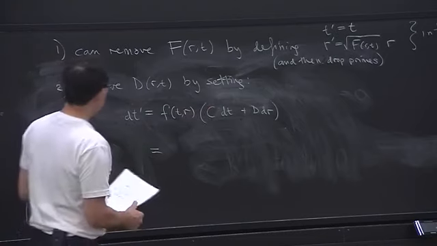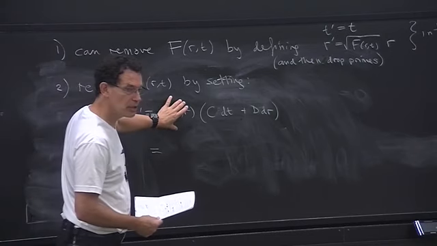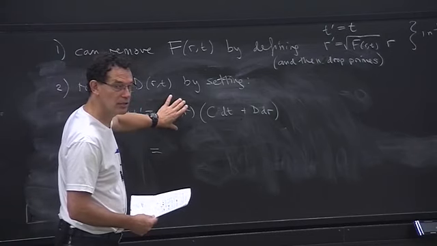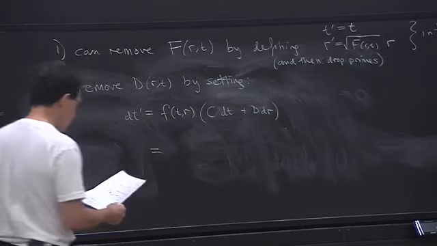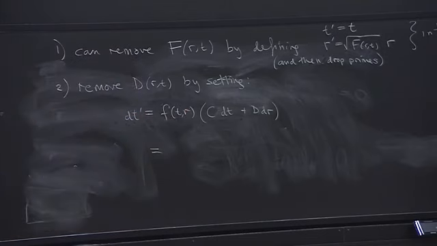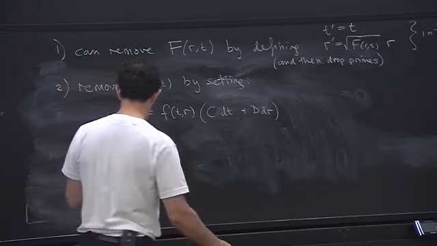And the question, so this function f is completely free in this transformation. It is determined by the fact that this must be a consistent coordinate transformation.